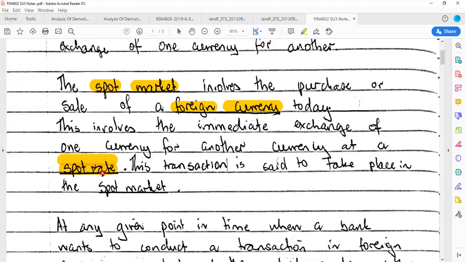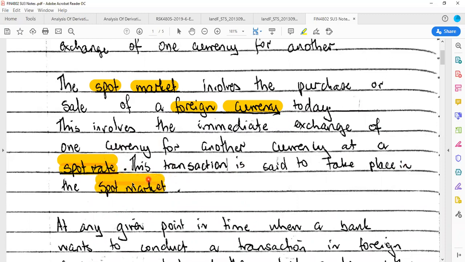The transaction you're conducting with the bank will be occurring in the spot market. So this transaction of exchanging one currency for another, effectively buying or selling one currency, is said to take place in the spot market if it happens today.